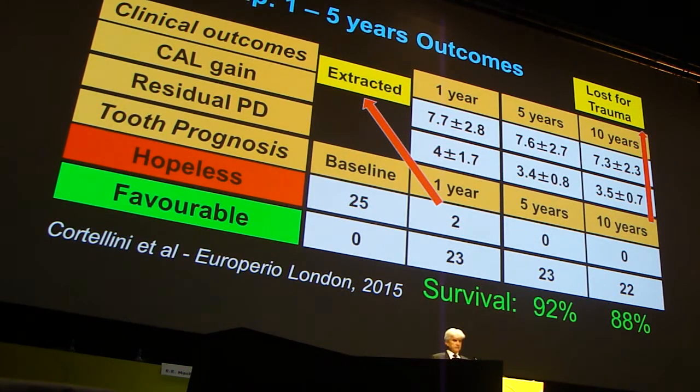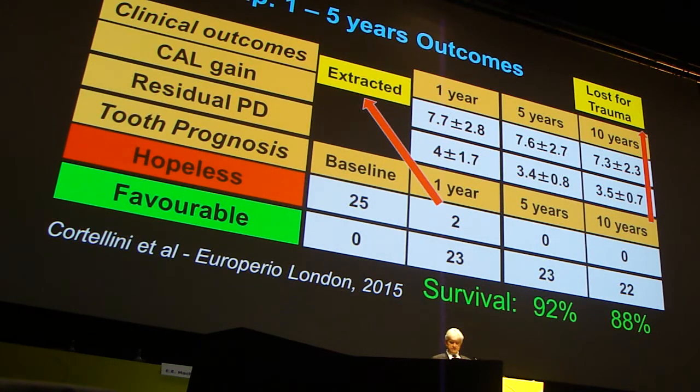It was a central incisor, it was weak, but she got a trauma to the incisor and it was lost. But now we have, you see, a survival rate of 92% after 5 years and 88% after 10 years. And we are talking about survival of hopeless teeth.